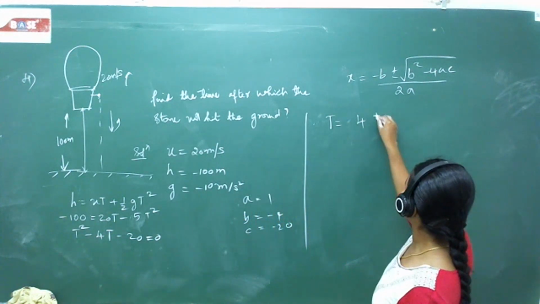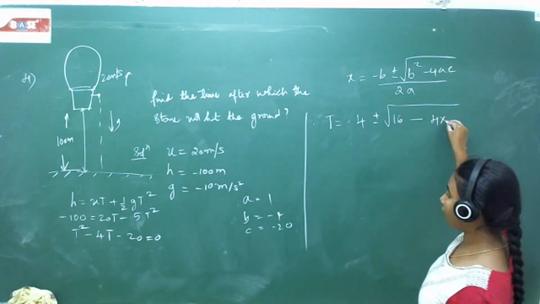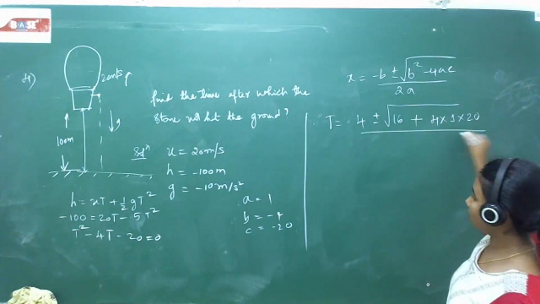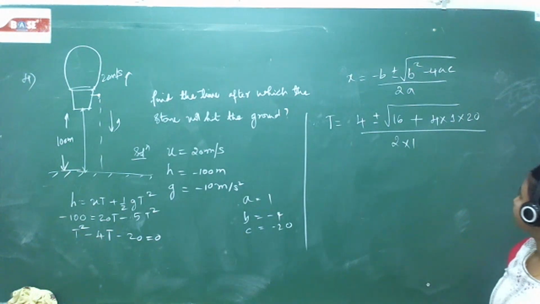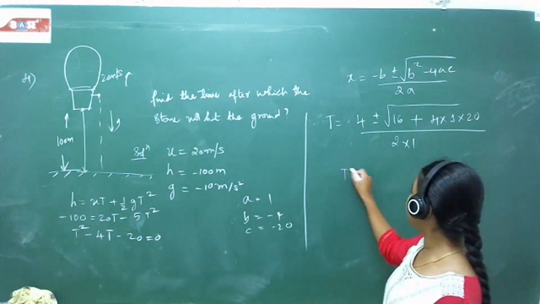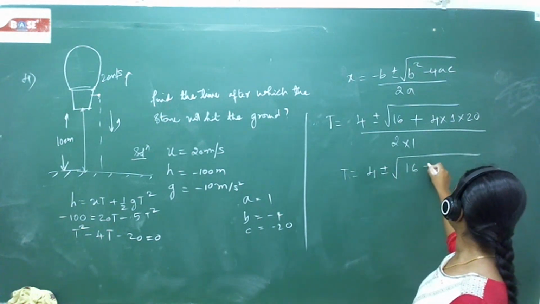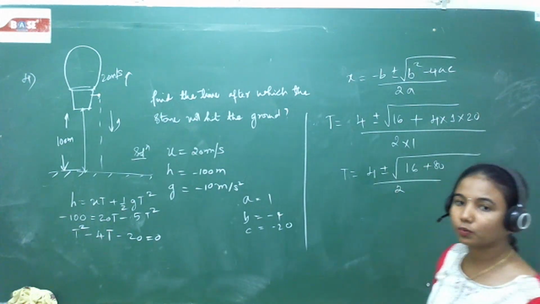So this will be 4 plus or minus root of 16 minus 4 into 1 into minus 20, divided by 2 into 1. So t is equal to 4 plus or minus under root 16 plus 80, divided by 2.